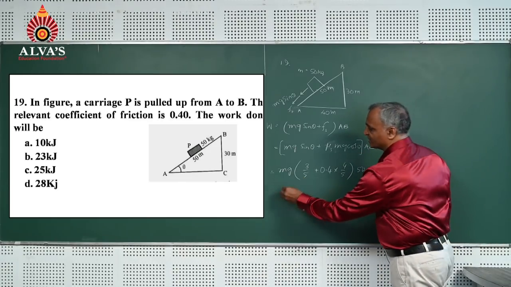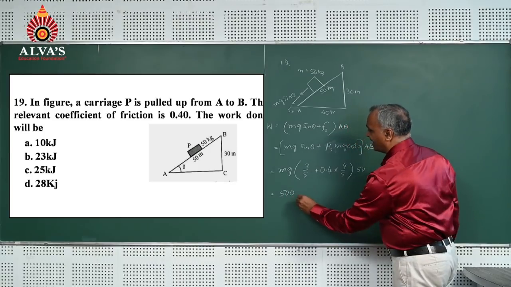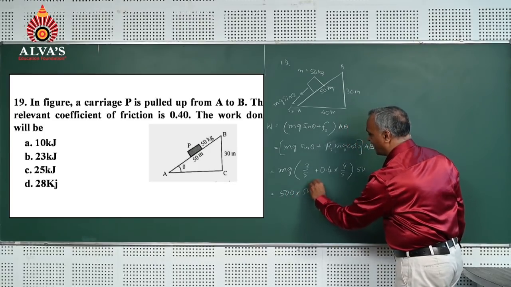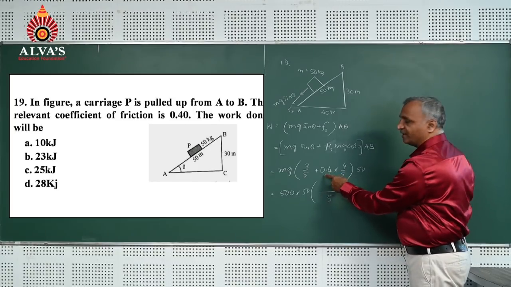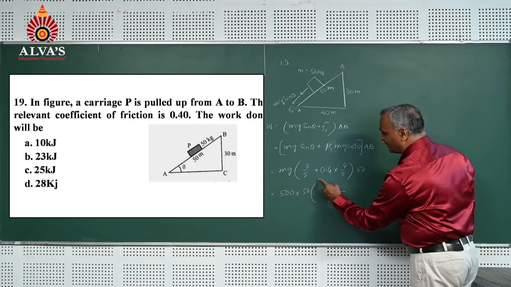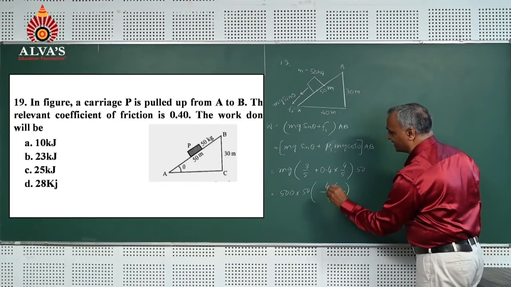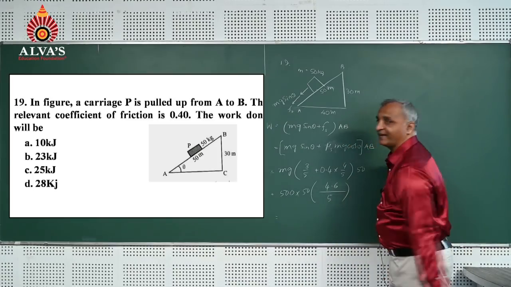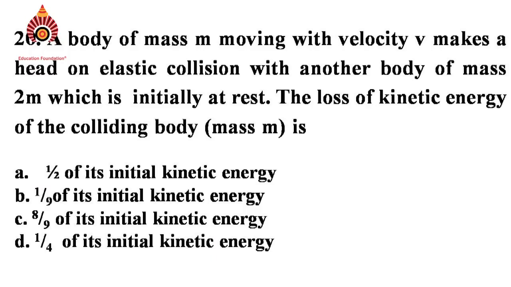And mg you substitute the value, this is 50 into g is 500, this into 50, and then I'll take common denominator 5, so it is 3 plus 1.6, 4.6 you are going to get. And so if you simplify, then I'm going to get 23 kilojoules.